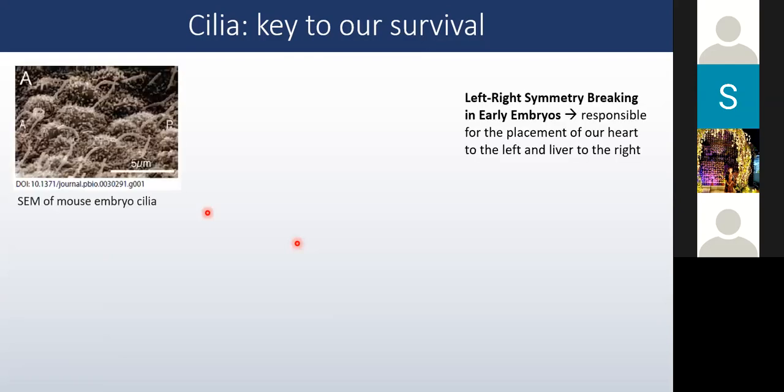The next example is left-right symmetry breaking in early embryos. Now, you all know that the heart is to the left and the liver is to the right, right? Now, this is an electron micrograph of an embryo. And you can see there are these filaments, which are called cilia, which protrude from it at a tilt.